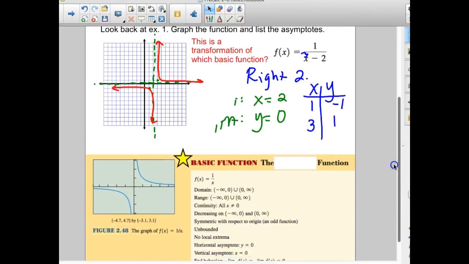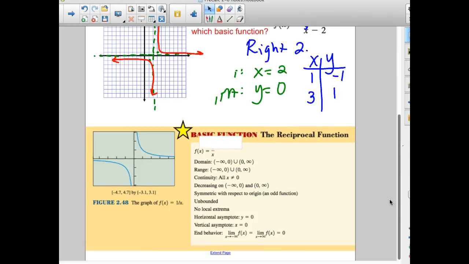All right, so we've graphed it, we listed the asymptotes. Just a quick review of the characteristics of that parent function. We have y equals 1 over x. Domain and range both exclude 0 because we had those vertical and horizontal asymptotes here. It is continuous for all x not equal to 0.